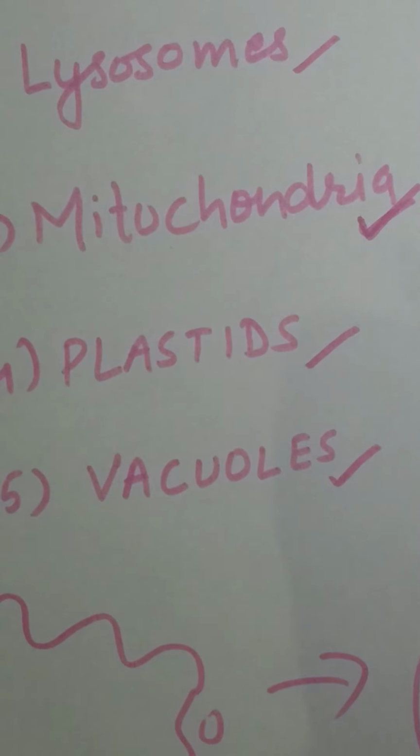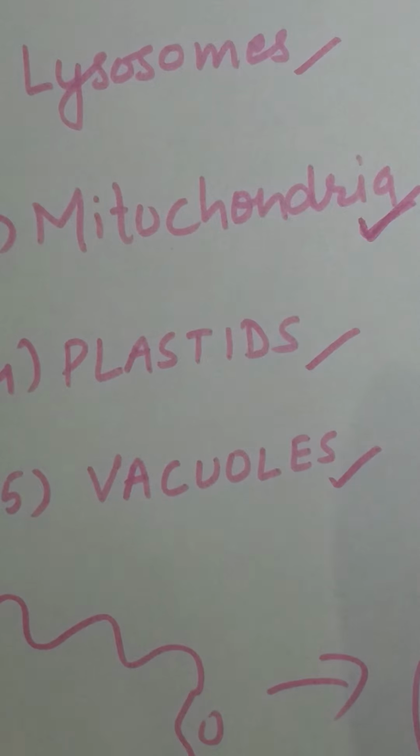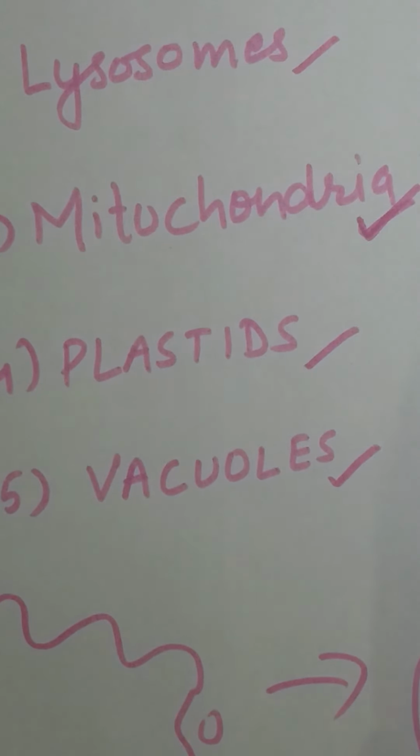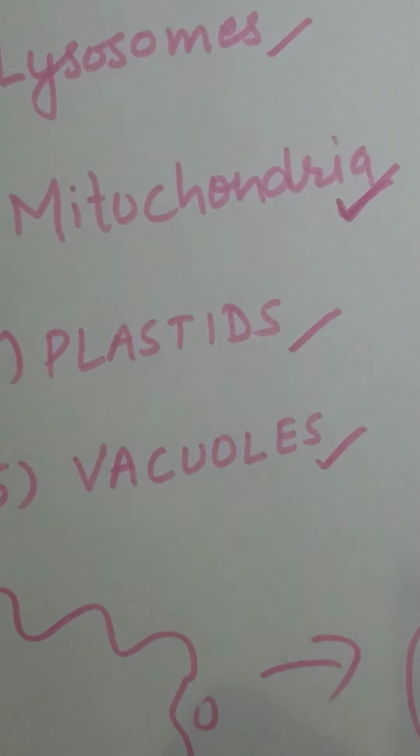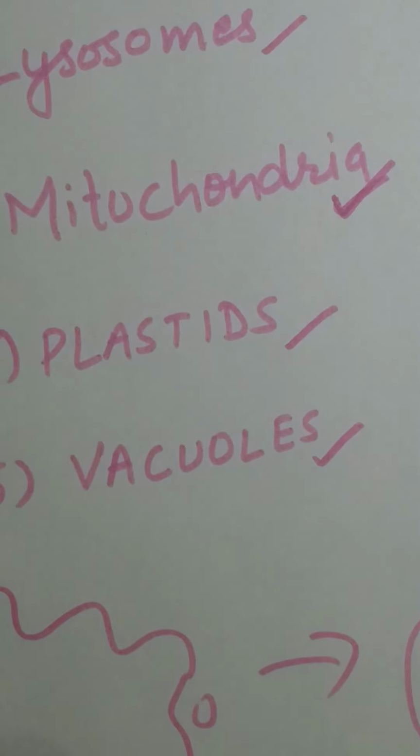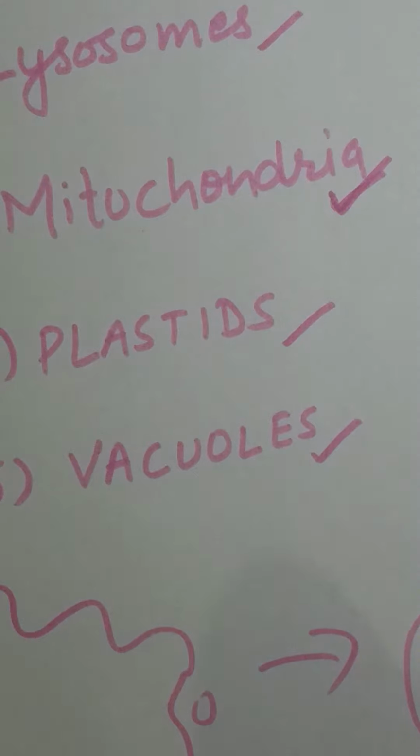These are called pseudopodia, and after that it becomes like this, this is the food material and this is the amoeba. So it is taking its food in this way. So vacuoles are also helpful in taking food in unicellular organisms. In the same way they excrete the waste materials.